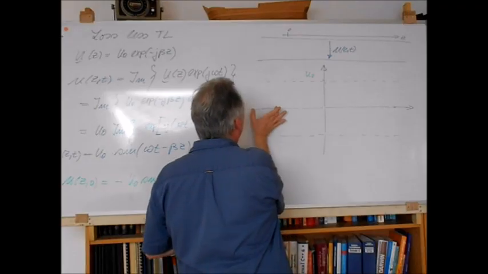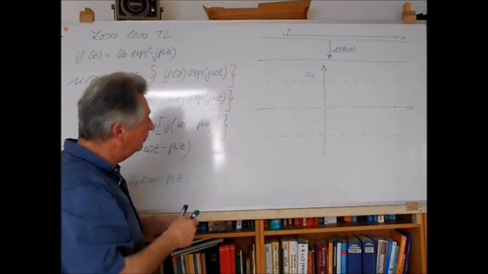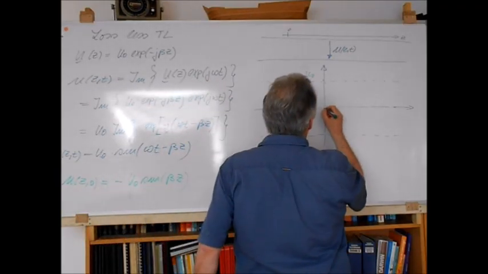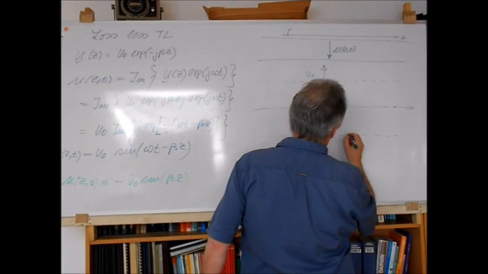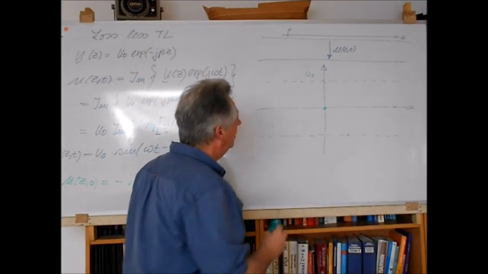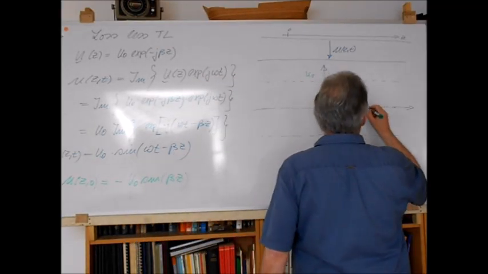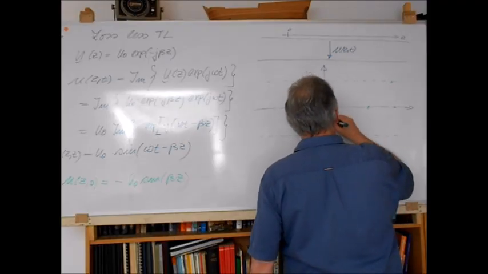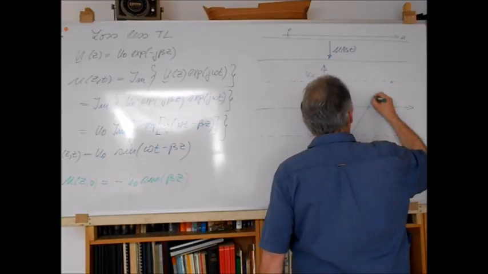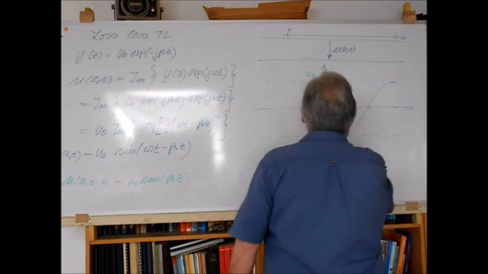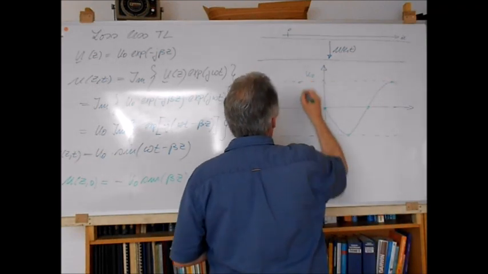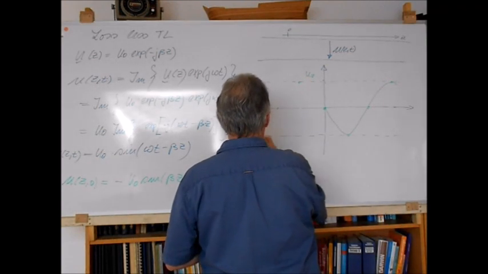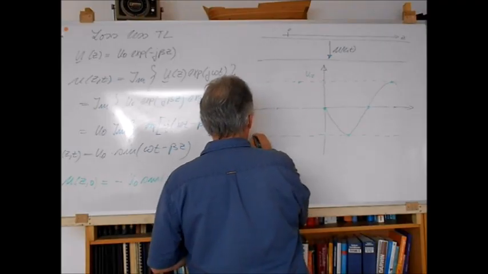It will be a sine function. We will have a sinusoidal voltage distribution, which means that, for example, at t equal to 0, the function will be 0, and then we will have here a positive value, 0 again, so this is our voltage, and of course here we will have a positive voltage, negative here.